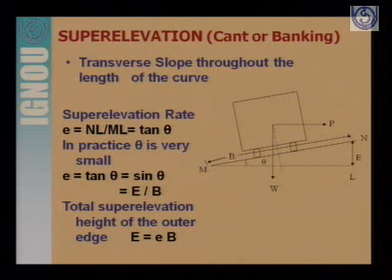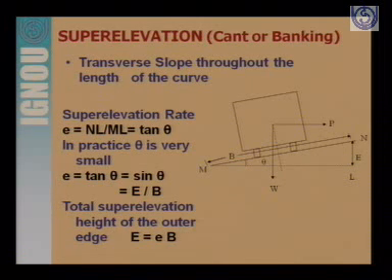The ratio of this rise NL and this length ML is called the super elevation rate, meaning the rate at which the super elevation is being introduced across the width of the road.